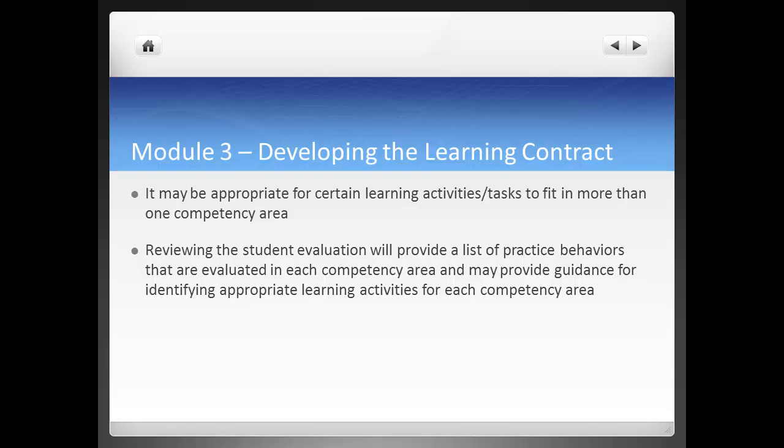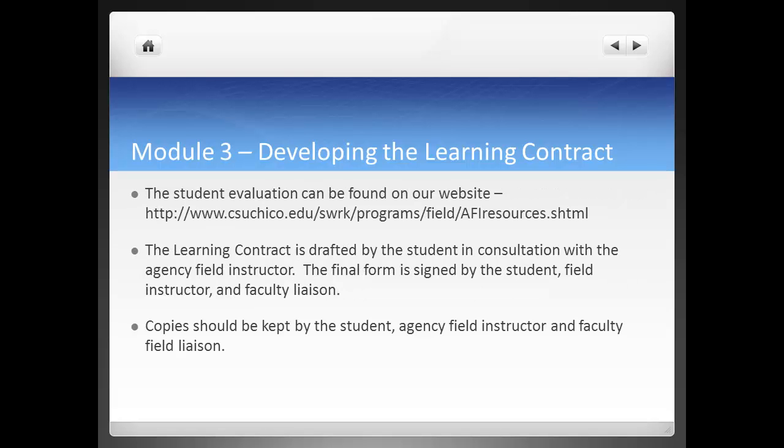Reviewing the student evaluation that's stored on the IPT software system is also an opportunity for you to look at practice behaviors that are described in each of these competency areas, and it may provide some insight or guidance for how to identify learning activities in your agency that will help the student meet that competency area. That evaluation can be found on our website, also under the Agency Field Instructor Resources link.